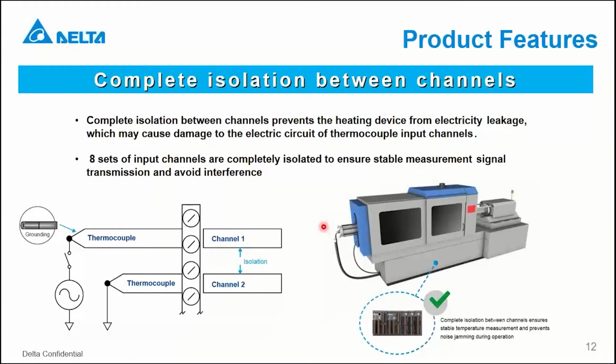And this is another thing which is very important. It's the complete isolation between the channels. So you can see these are the input sensors, a thermocouple, and others. Right now we totally isolate each of the channels, so there will be no interference to the others.